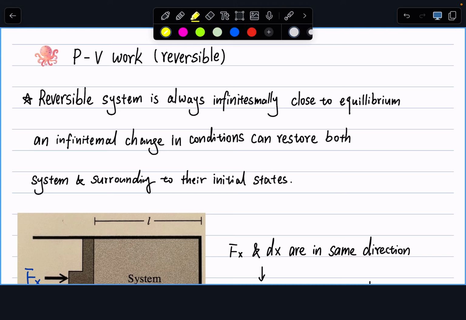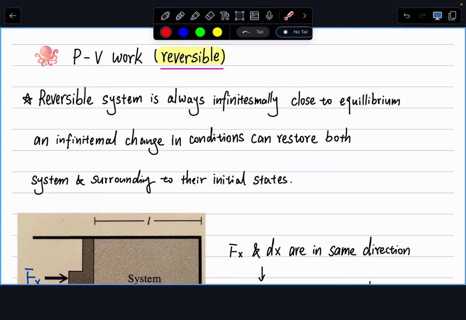So before we say that, we want to define what is reversible versus irreversible. You will hear the term reversible process very often in this class. So it is important to know the definition of a reversible process or a reversible system. Now, a reversible system is a system that is always infinitesimally close to equilibrium.